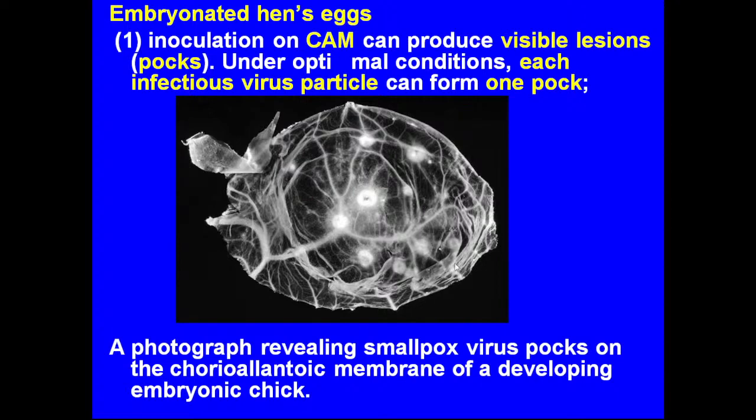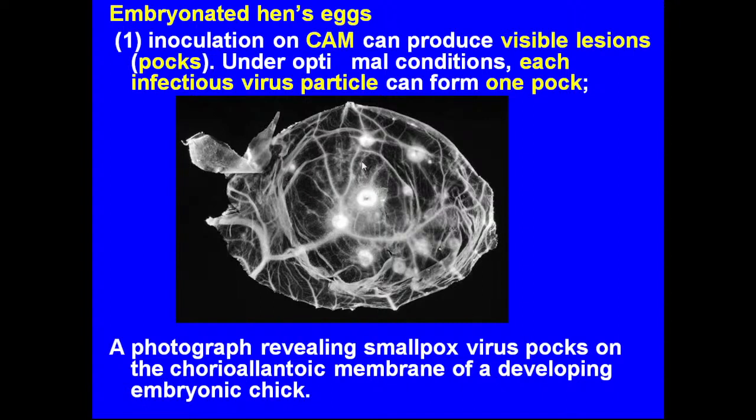So that is an example of how we may indicate the presence of the virus when we inoculate it on the chorioallantoic membrane. Because the viruses, if they multiply, may produce visible lesions, so-called pox.